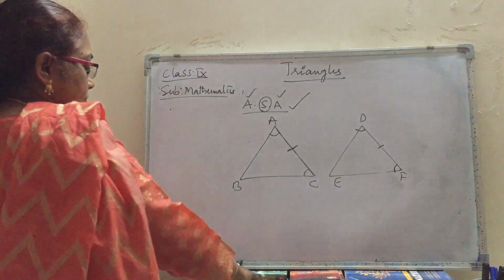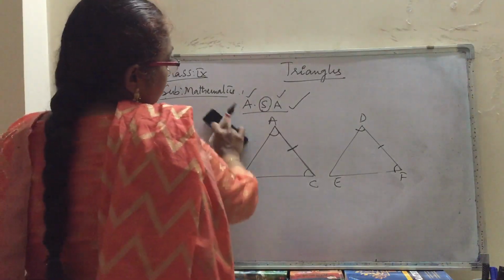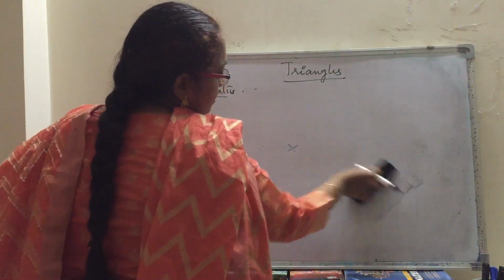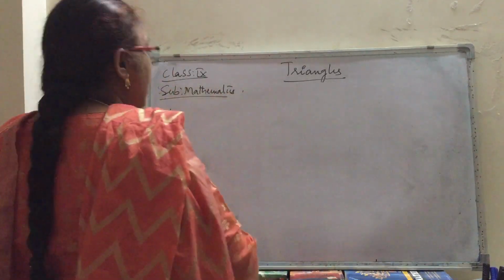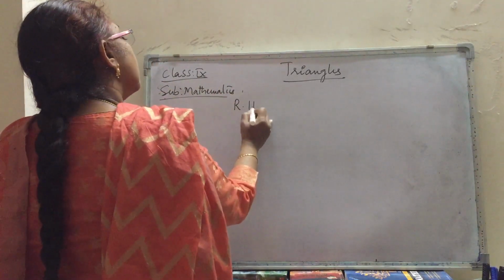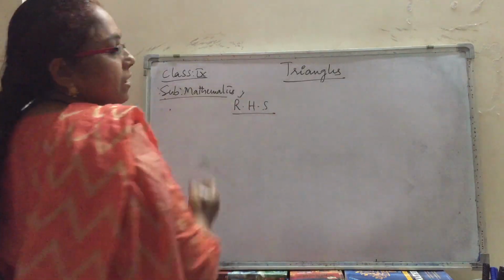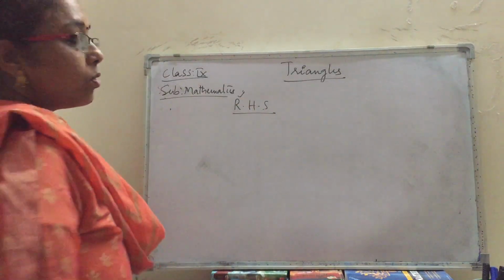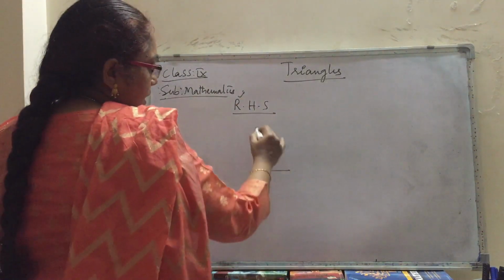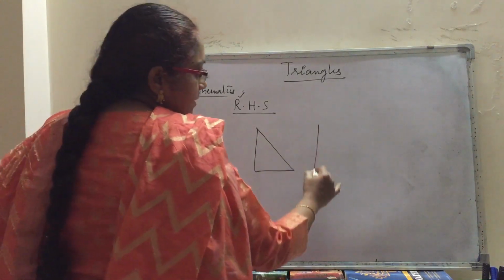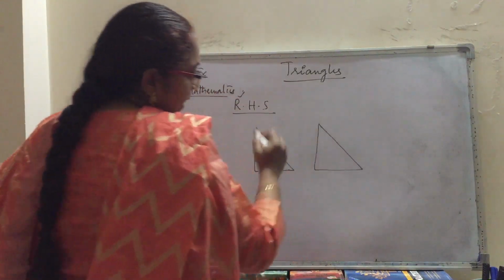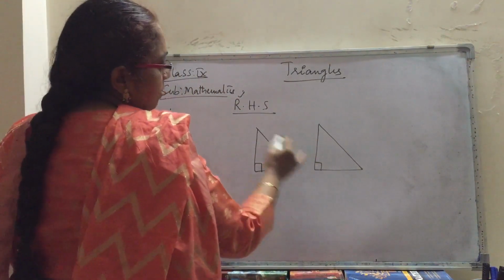Okay. Now the last, what is the last congruency rule, children? RHS congruency rule. R means what? Right angle. So we take two right angle triangles.